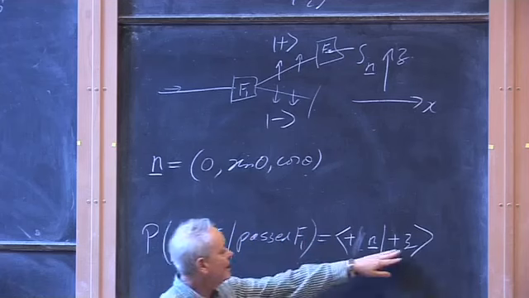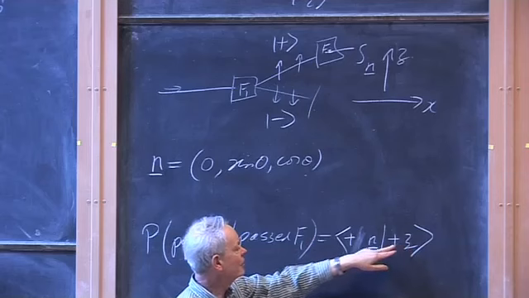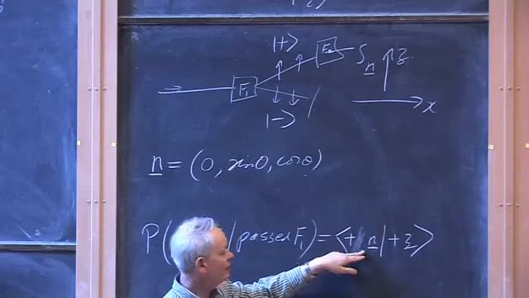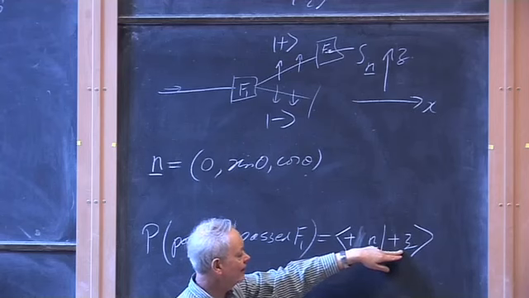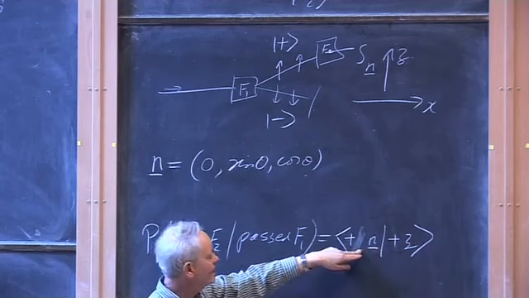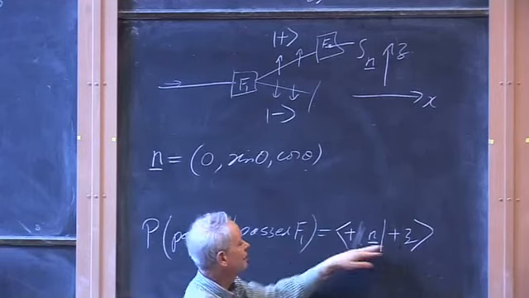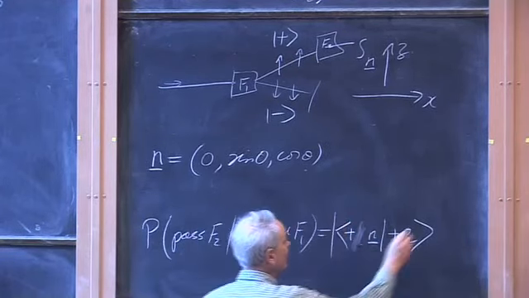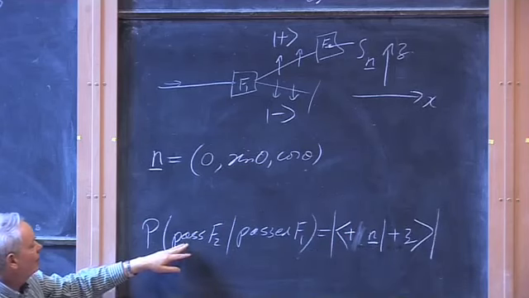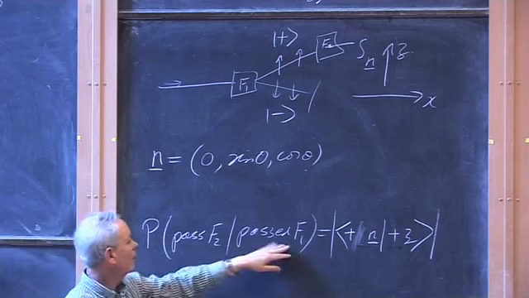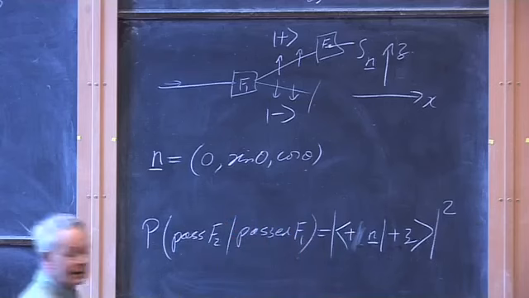So this is the state that you're in. Up there it's just called plus, but now I put in a z to distinguish it from this, which is in the direction of n. This is an eigenket of Sz with eigenvalue a half. This is an eigenket of S sub n with eigenvalue a half. And this pair of things makes me the amplitude, by the basic dogma of the subject, for the probability of this outcome. So I need to mod square this, and I've got the probability that I want.